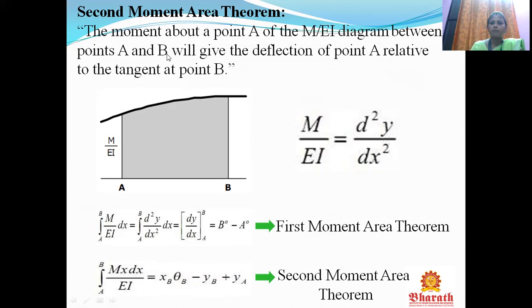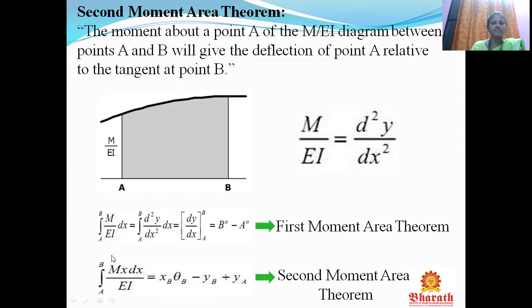Here, first we have to apply the first moment area theorem. In the first moment area theorem, they are integrating this bending moment equation with respect to x, with limits from A to B. So the integral from A to B of M by EI into dx is equal to the integral from A to B of d square y by dx square into dx.